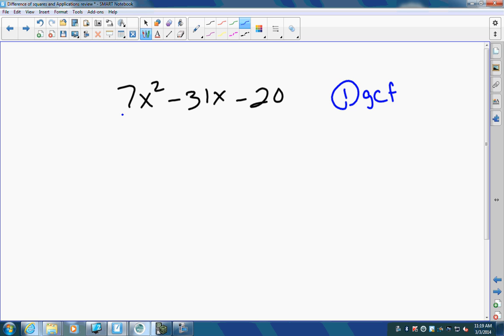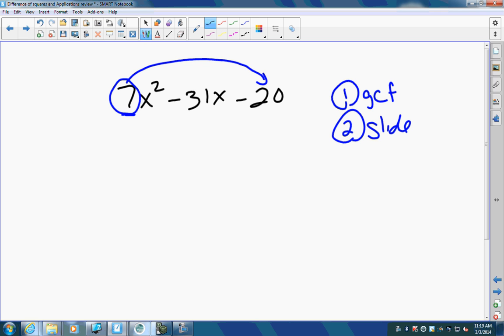You look at 7. Does 7 go into 31 evenly? No. So what I have to do next is my slide. Yes, there is a slide. Take my 7, multiply it by that negative 20. So I have x squared minus 31x, 7 times negative 20, negative 140.